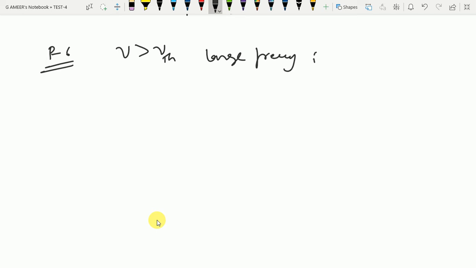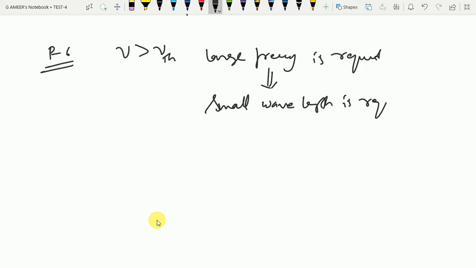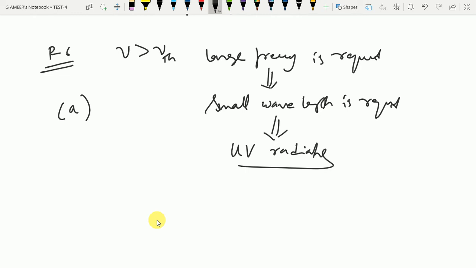Large frequency means small wavelength is required. So in the given four options, which one will have the smallest wavelength? That is UV radiation. UV radiation is in the ultraviolet region. So that means A is the best option.